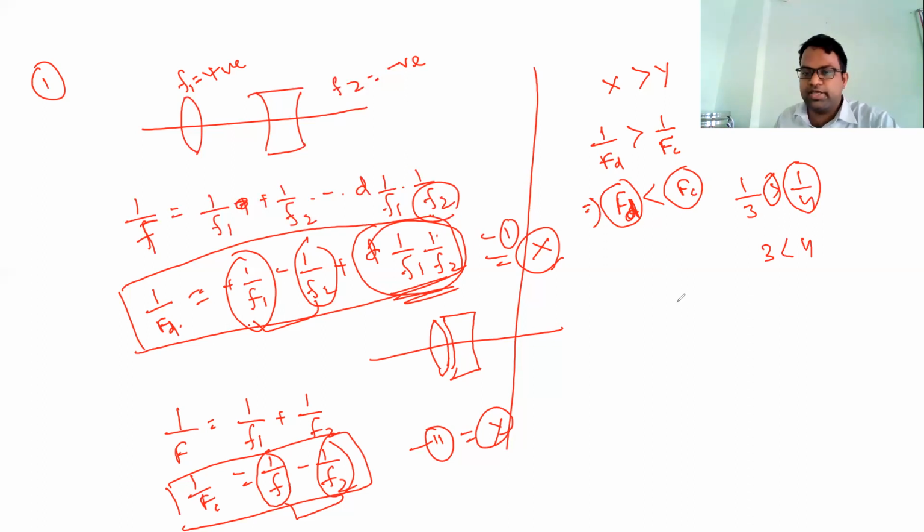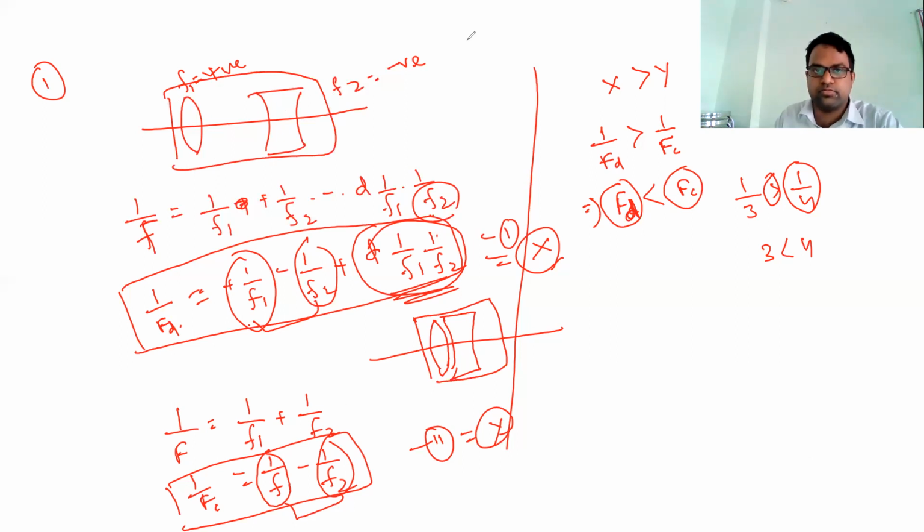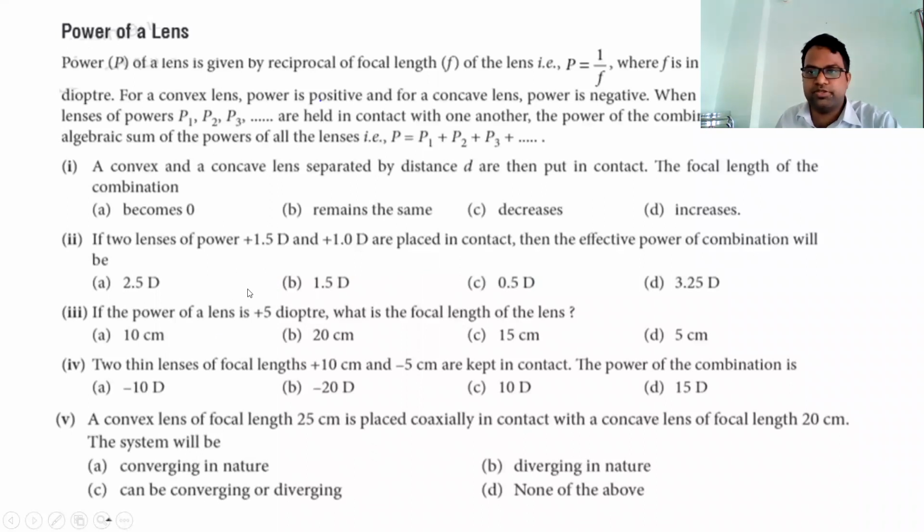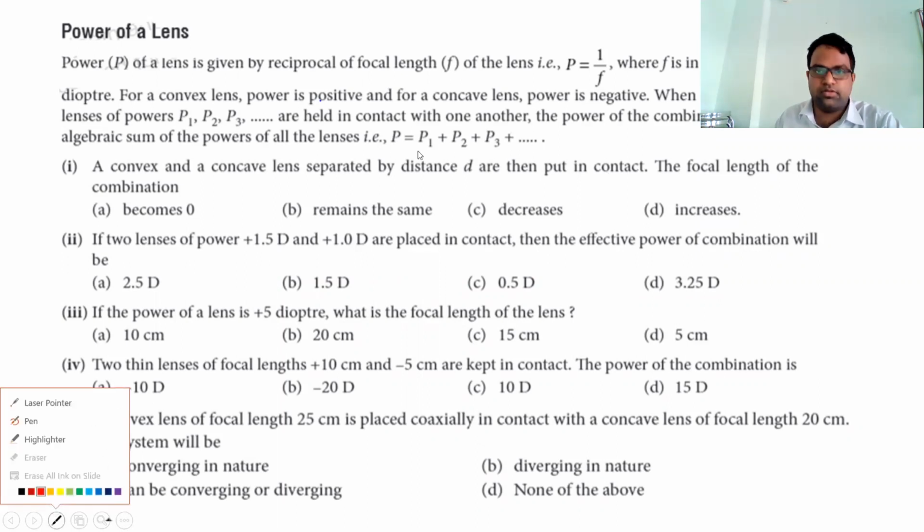So when they are in contact, their combination focal length will be more than when they are separated. So which one will be the option? So what will be the option here? So the option will be: it will increase.